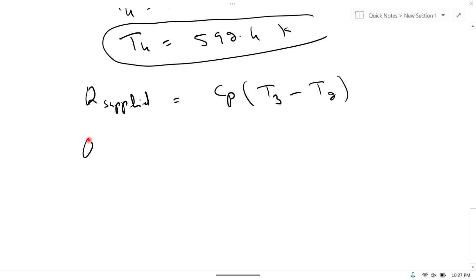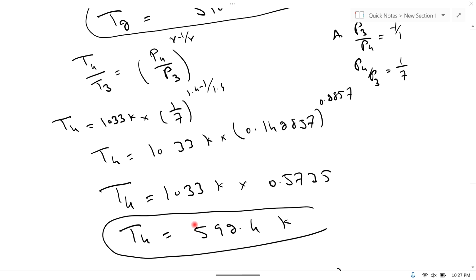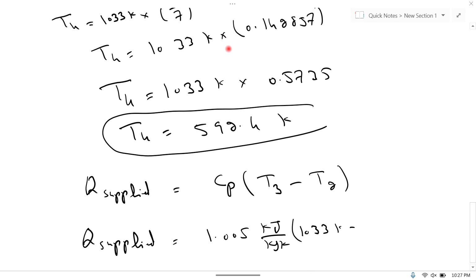So heat supplied is equal to, the value of Cp for air is 1.005 kilojoule per kilogram per Kelvin, times T3, the maximum temperature 1033 Kelvin, minus T2, which is already 510.87 Kelvin.